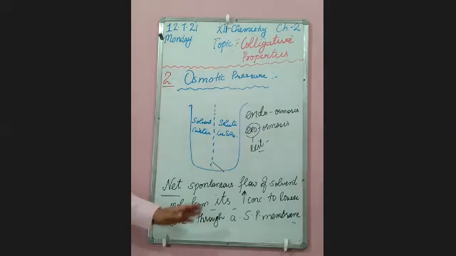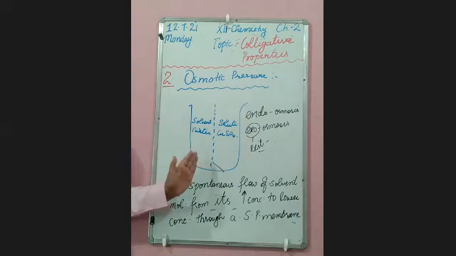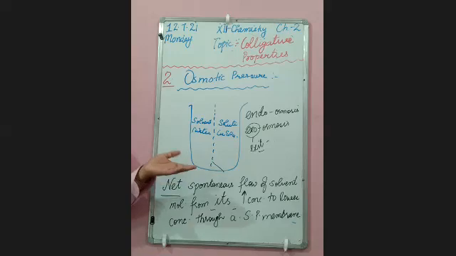Biology students will perform the practical based on the same. You have one practical in the bio subject also based on the same topic. An artificial semi-permeable membrane is like copper ferrocyanide, silicates of iron or cobalt. Okay, they are artificial. Is there any doubt till now? Please let me know. Otherwise, I will continue with the osmotic pressure.